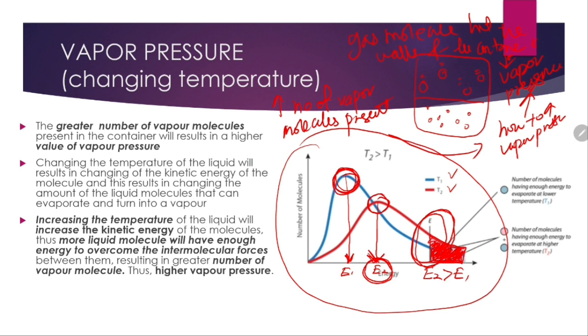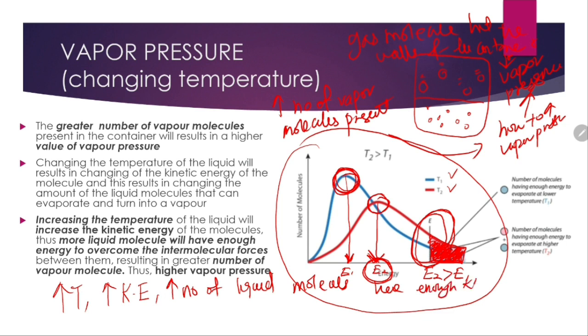Okay, so this is the effect of temperature. How are we going to increase the temperature? By heating. Increasing temperature will increase the kinetic energy of the molecules, so more liquid molecules have enough kinetic energy to overcome the intermolecular forces.